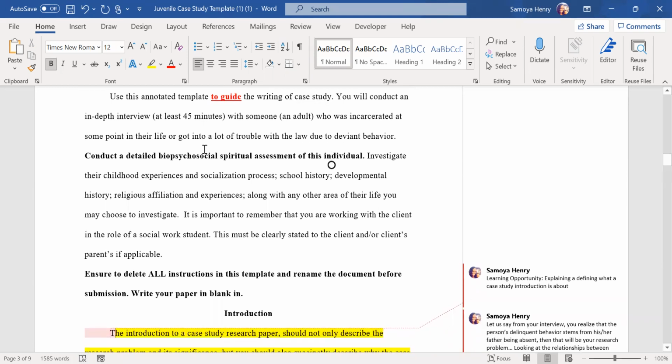I've had students who say, well, miss, I can't find somebody who has been to jail before. I can't find somebody who has been in trouble with the law. All right, fine. Find somebody who gave their parents too much talking. Find somebody who's constantly getting in trouble at school or at church or somewhere. No human being is perfect.